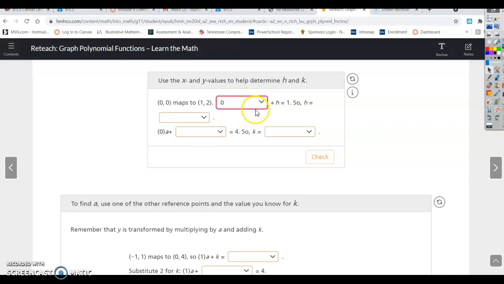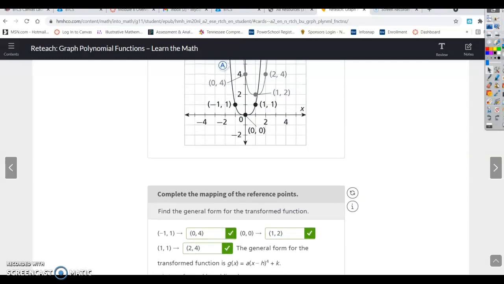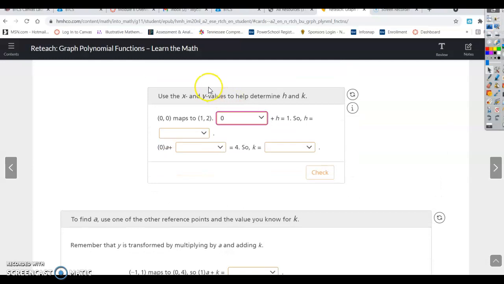So 0 plus h equals 1. If you go back up here, you can see that h is your horizontal shift, k is your vertical shift. So we moved over 1, starting at your 0. H is going to be 1.